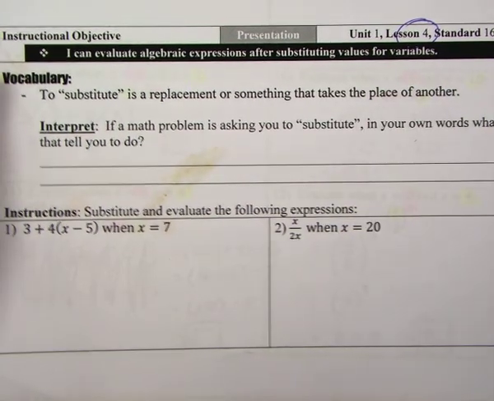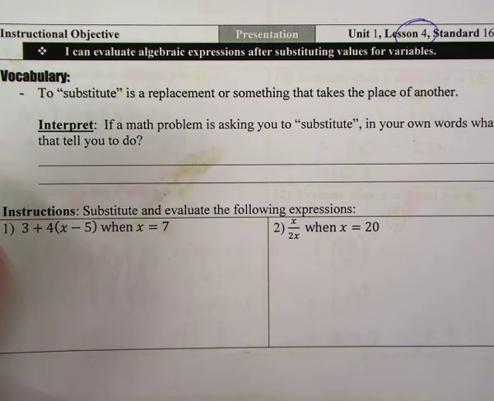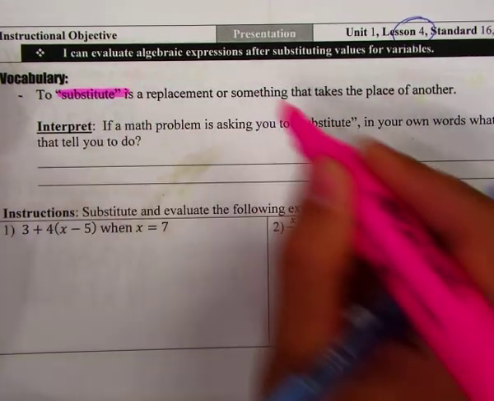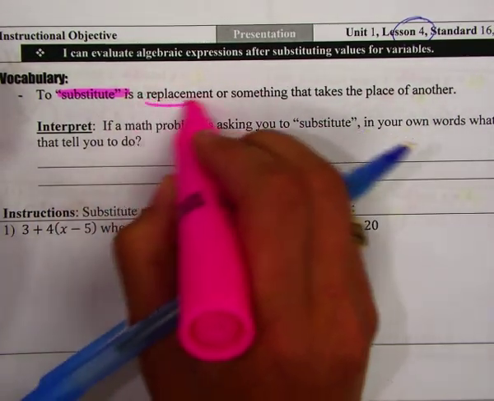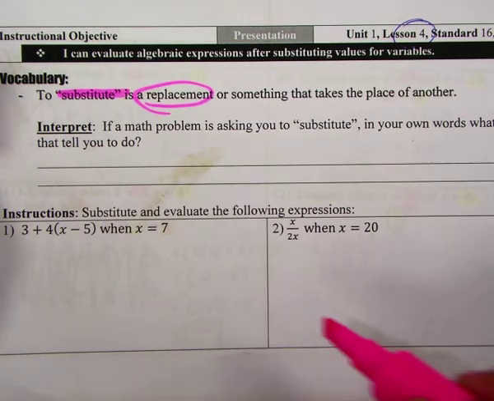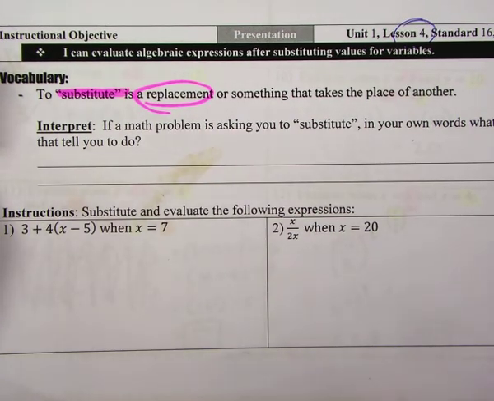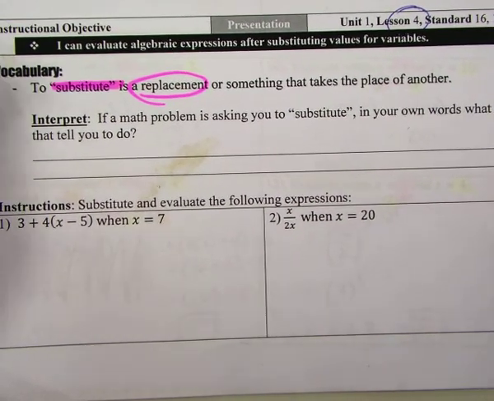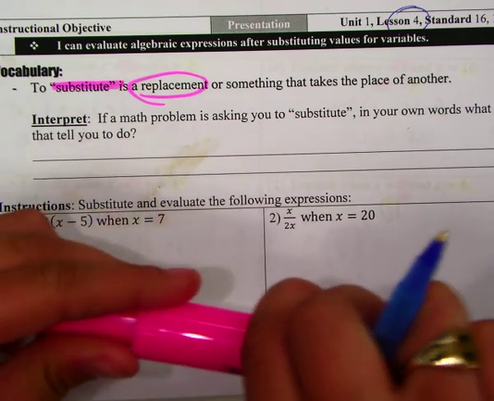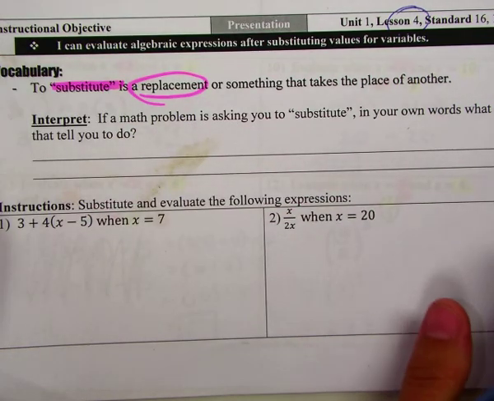So here we go. To substitute is a replacement of something that takes the place of another. So to interpret that, if a math problem is asking you to substitute, in your own words, what is that telling you to do?